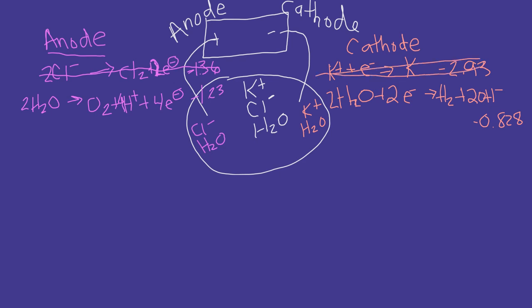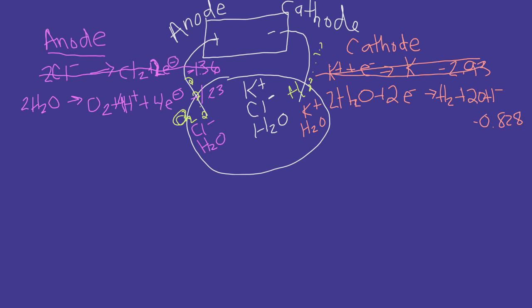So in this case, we have water occurring at both. What we should see here is bubbles. At the anode, these are oxygen, O2, and floating around in solution we would have hydrogen ions. On this side, at the cathode, we would also have bubbles, and that would be H2. A whole bunch of bubbles.